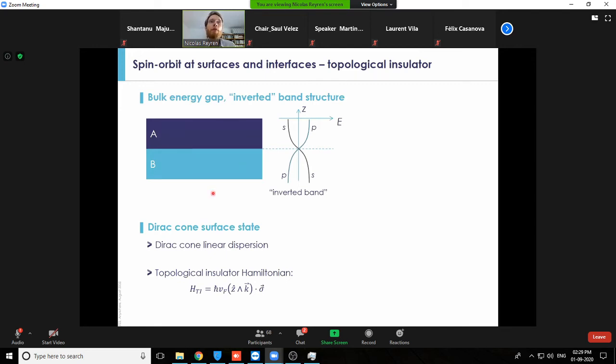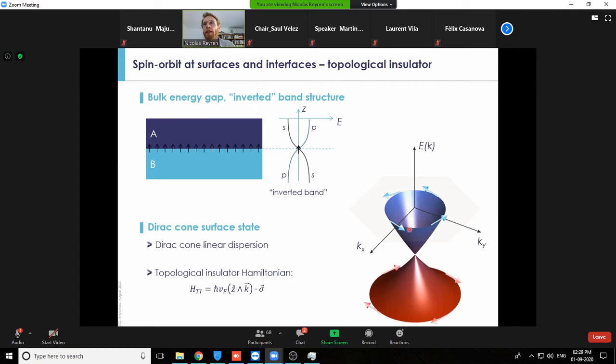Then you have band crossing at the interface, and you have a Dirac cone, a linear dispersion, that results from this topological insulator Hamiltonian, where you have the spin, the momentum, and Z is the direction perpendicular to the interface. This Hamiltonian means that you have spin-momentum locking. You minimize the energy when the spins are orthogonal to the k vector.